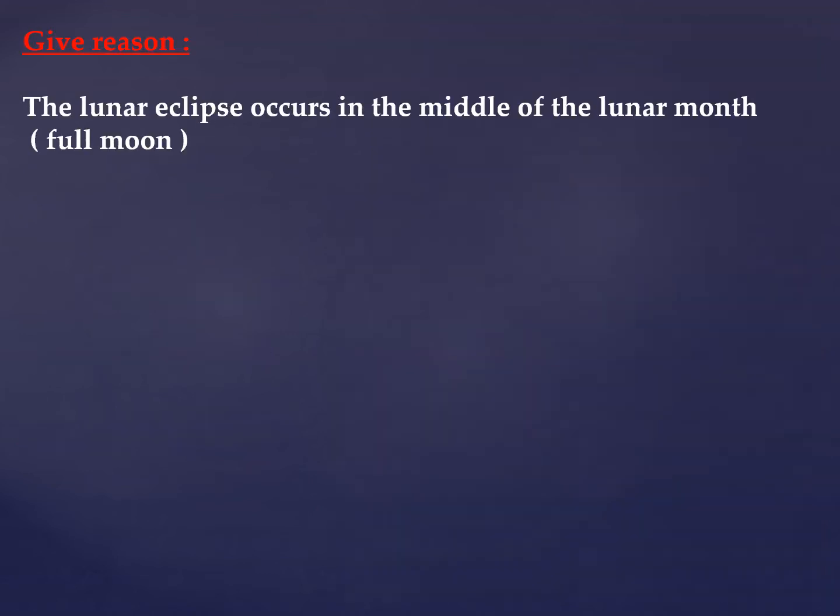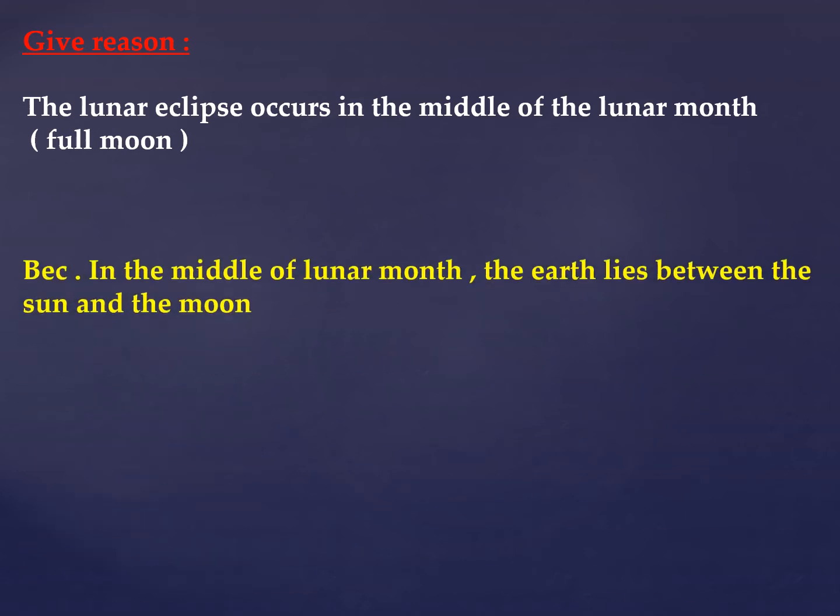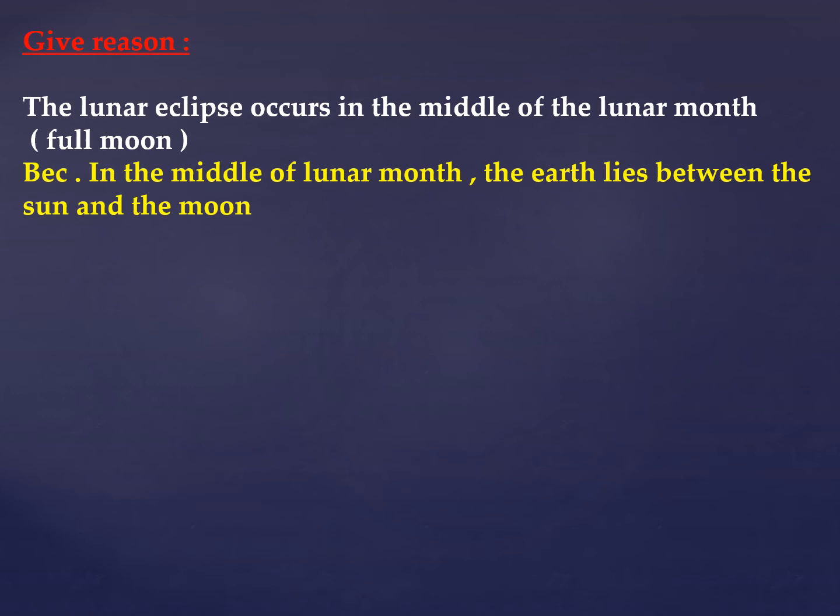Okay, let's start an exercise for the previous part. Give reason for the lunar eclipse occurs in the middle of the lunar month. Yes, the answer. Because in the middle of the lunar month, the Earth lies between the Sun and the Moon.